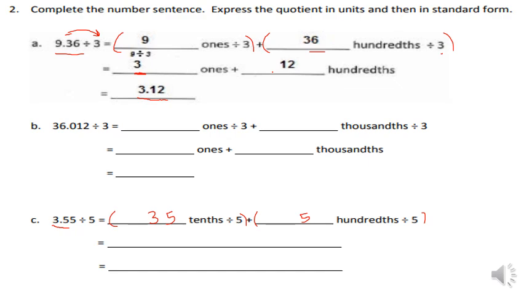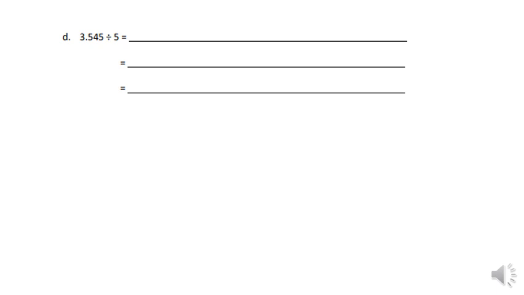So I got 5 hundredths divided by 5 on this end. So 35 divided by 5 is going to give us 7 tenths plus 5 hundredths divided by 5 is going to give us 1 hundredth. So when I write it in standard form, I'm going to have 7 tenths.